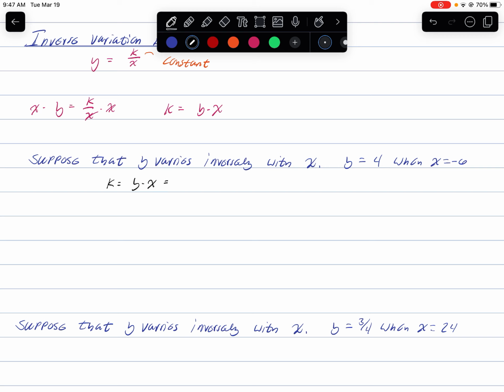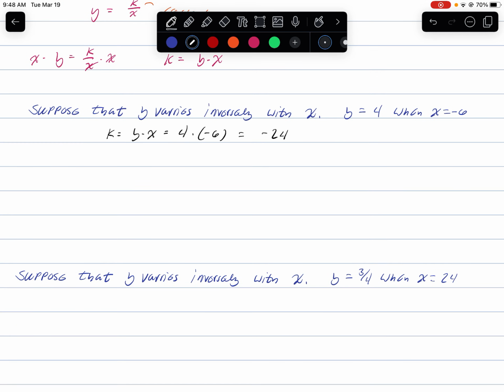We had y equals 4 when x equals negative 6, so we have 4 times negative 6, which is negative 24. Therefore, because our equation is of the form y equals k over x, we get y equals negative 24 over x.